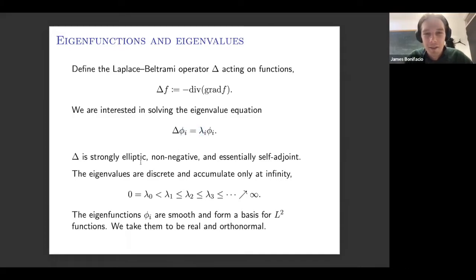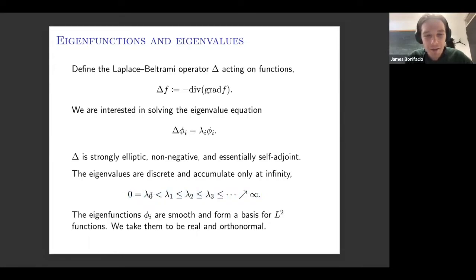So we know that Δ is strongly elliptic, it's non-negative, and on an appropriate domain, it's essentially self-adjoint. So this tells us, for example, that the eigenvalues are discrete, that they can accumulate only at infinity, and therefore I can order them like so.